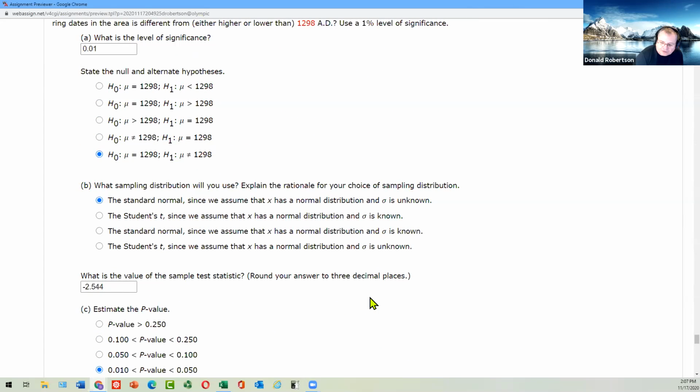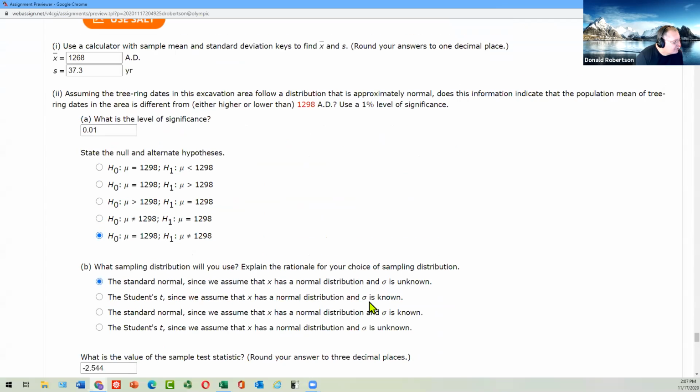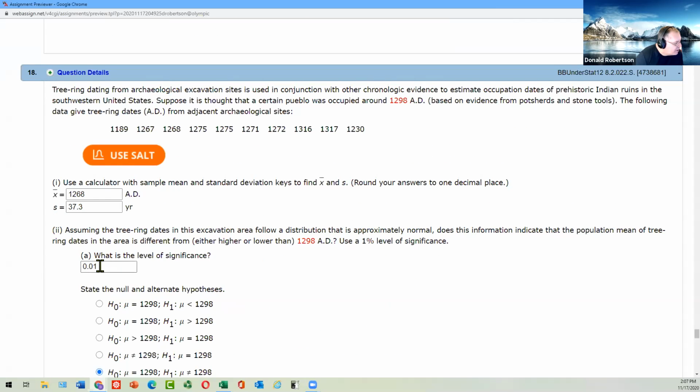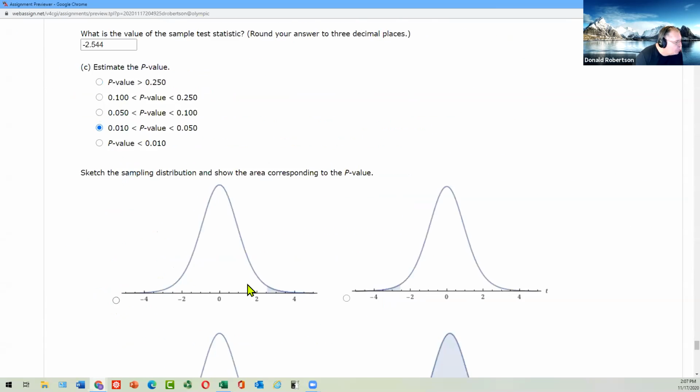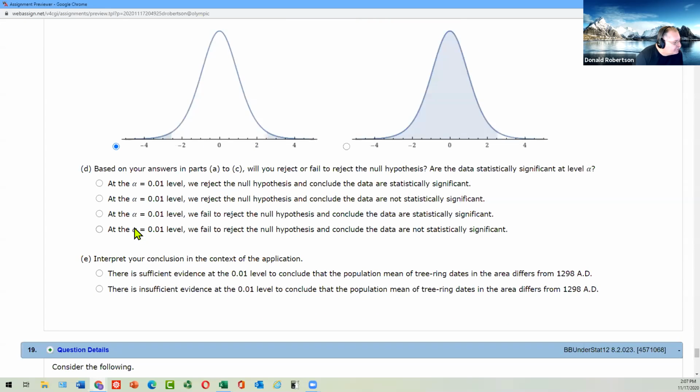Is 0.03 less than that one? Answer is no. So it's not statistically significant. And we fail to reject. Insufficient evidence. Whew. Perfect timing.